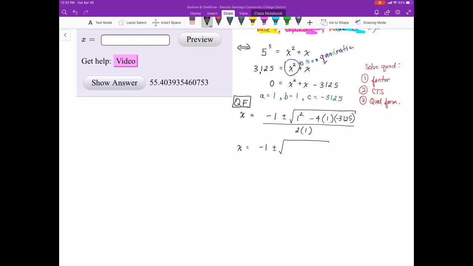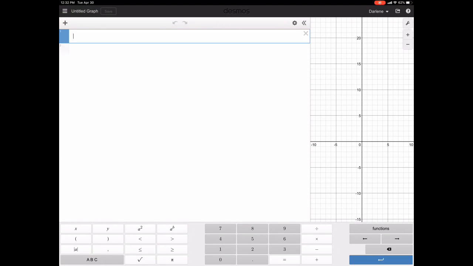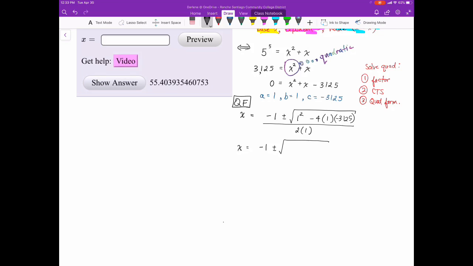So if you just put in your calculator 1 squared minus 4 times 1 times negative 3,125, you'll get 12,501, all over 2.